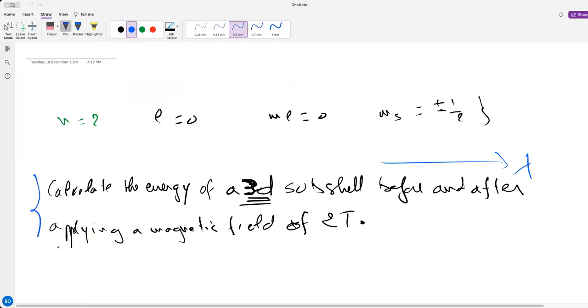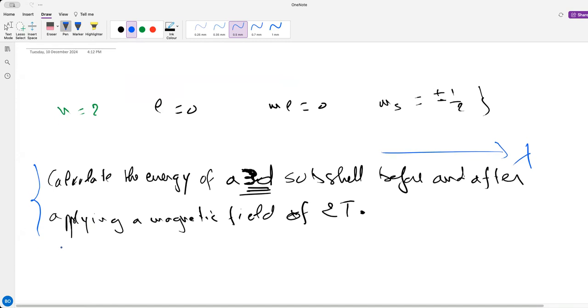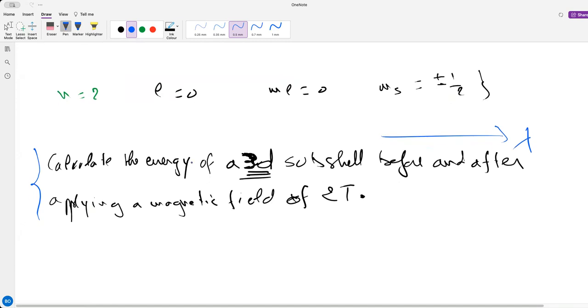That's a very good question. Calculate the energy values of a 3D subshell before and after applying a magnetic field of 2 Tesla.